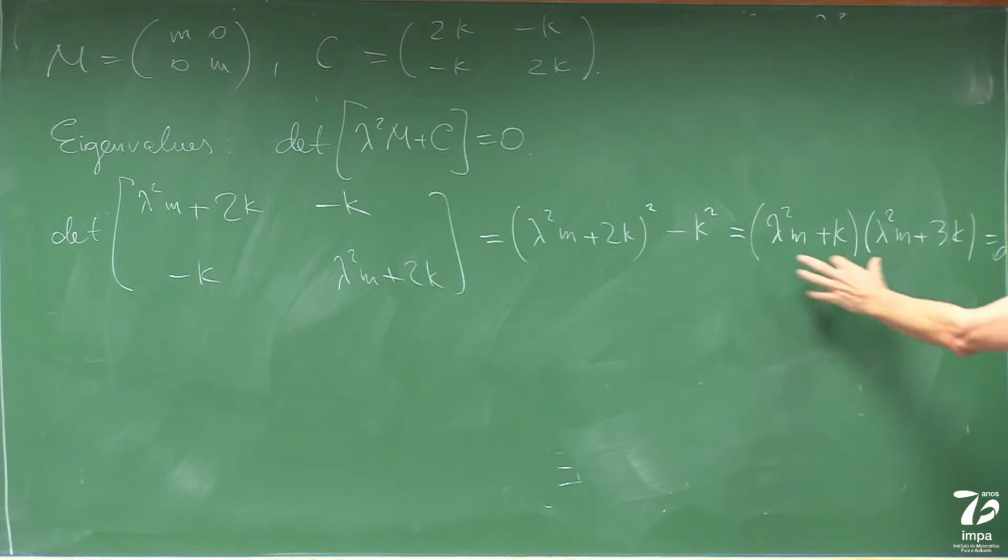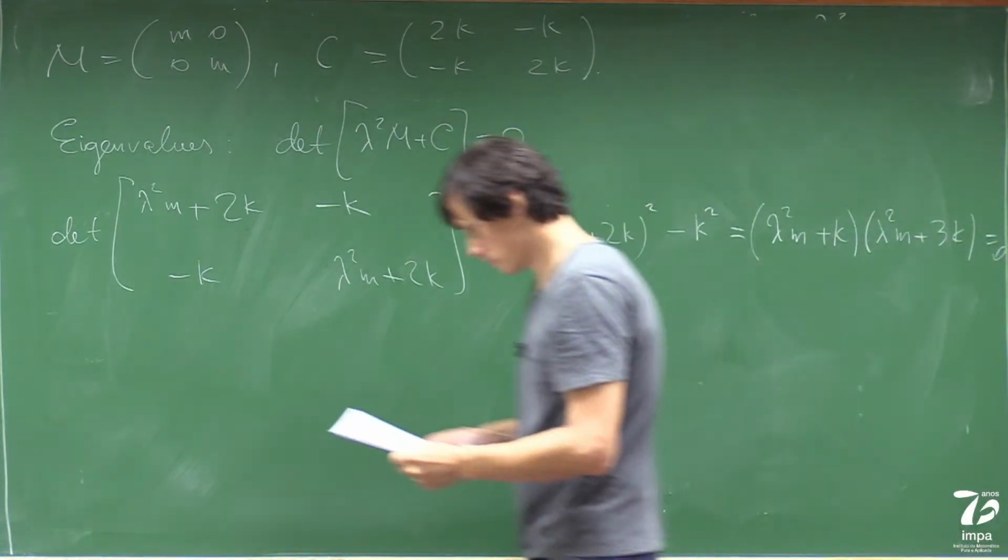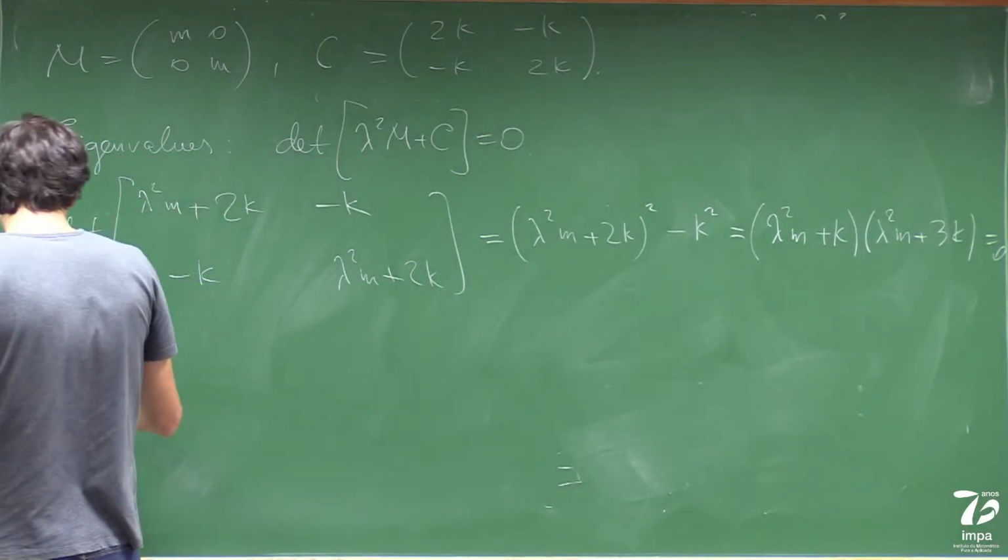And if it's 0, then either this is 0 or that is 0. This gives you 2 eigenvalues.